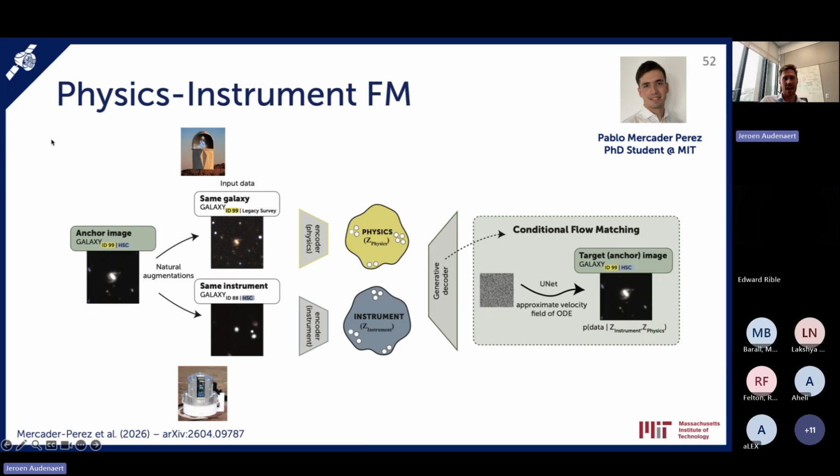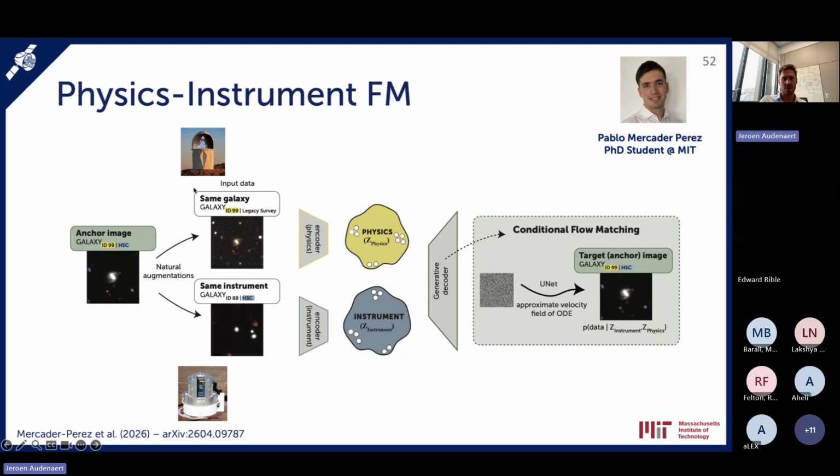In this case, how we changed the architecture is we used data from the Legacy Survey, DESI, and then Hyper Suprime-Cam, so HSC, as you can see here. And we use the same idea, right? We have these triplets, so we get an anchor image, but in this case we don't feed the anchor image as input to our encoders. What we do is we take this anchor image, let's say galaxy number 99, observed by HSC, and retrieve another image of the same galaxy, number 99, but observed by Legacy Survey, and then an image of that same instrument as well.